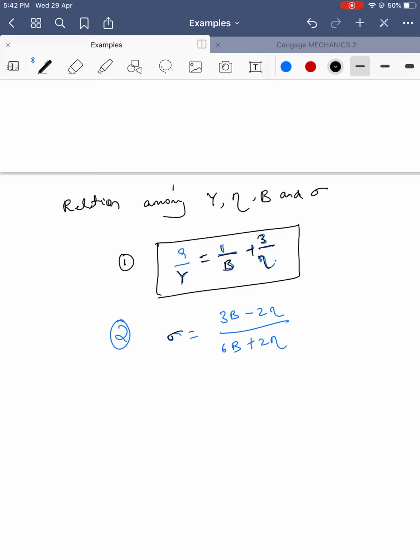Sigma is equal to (3B minus 2 eta) by (6B plus 2 eta). We'll follow these two and it will be easy, so the questions will be direct. Young's modulus they will give, bulk modulus they will give, and you have to find the modulus of rigidity. So you have to find the interrelations.